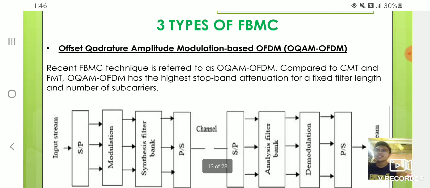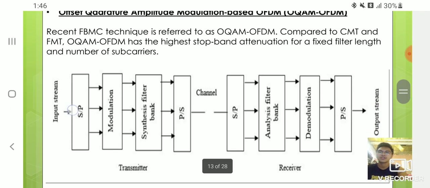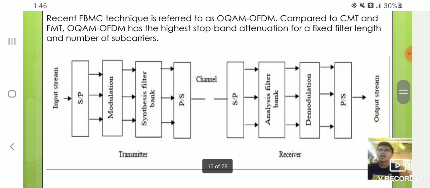Next is the offset quadrature amplitude modulation based OFDM. The recent FBMC technique is referred to as OQAM/OFDM. Compared to CMT and FMT, OQAM/OFDM has the highest stop band attenuation for a fixed filter length and number of carriers.